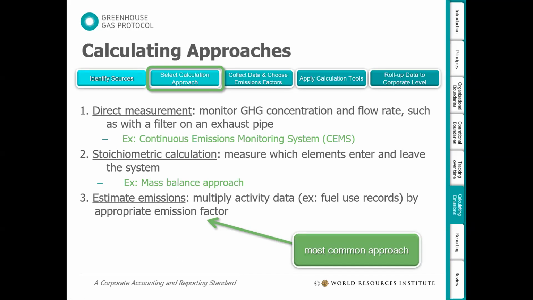The third calculation approach involves the use of emission factors, and here emissions are calculated by multiplying activity data by an appropriate emission factor. Okay, and because the use of emission factors is by far the most common approach to calculating emissions, we'll concentrate on emission factors for the remainder of this lesson.